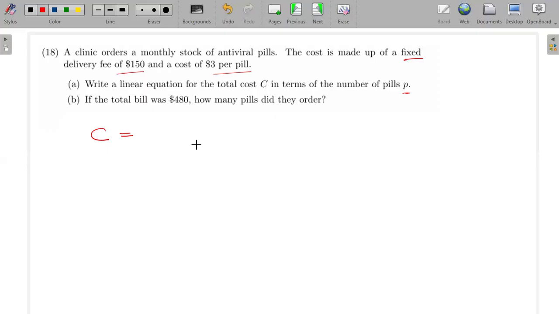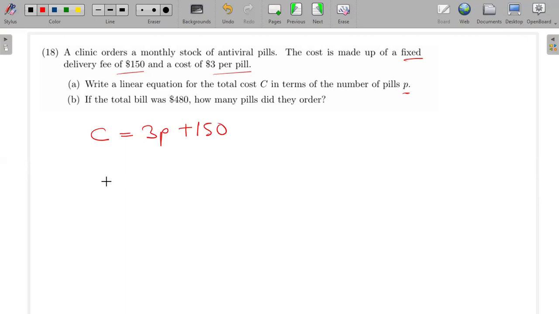So my P is what is changing here. So I write my $3, then my P for pills. But then I have a fixed amount. The delivery price is fixed. For any amount I want, the delivery fee is still going to be fixed at 150 dollars. So this here is going to be my linear equation.